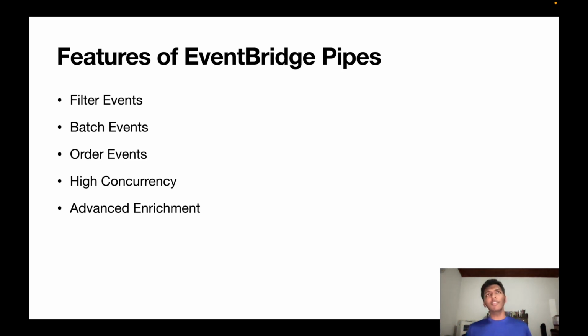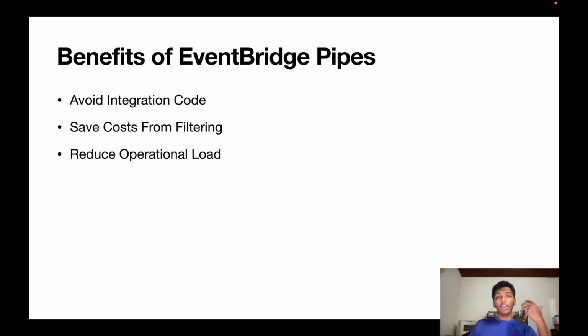And it allows you to perform advanced enrichment on your data. The data you get from the source might not be the exact shape your target requires, so EventBridge Pipes allows you to add a middle layer, a filter mechanism, where you can enrich your data and transform its shape before sending it to the target for consumption.